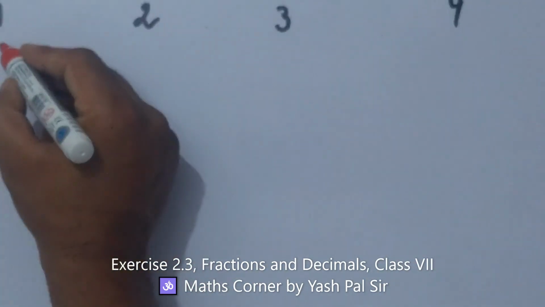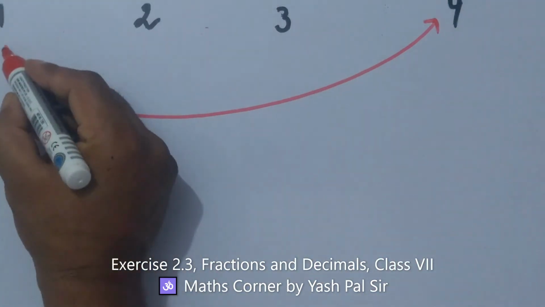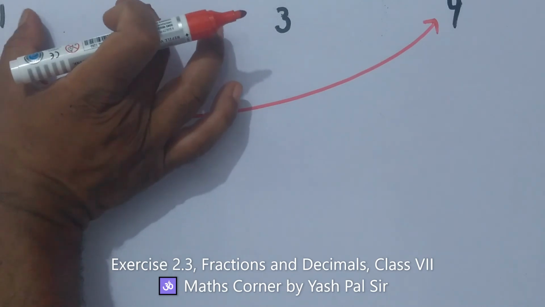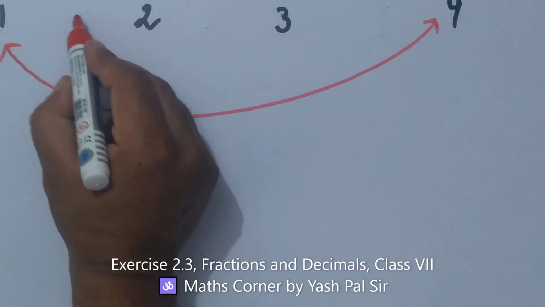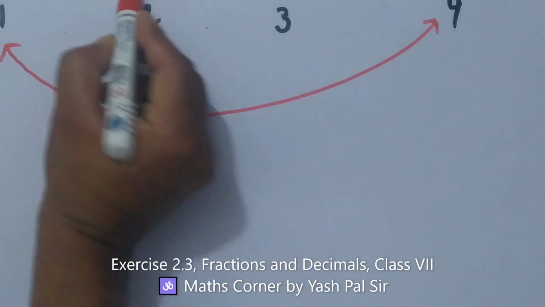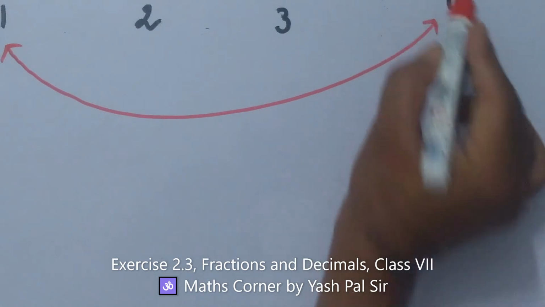So what is the question? What is the distance between the first and fourth sapling? So how many parts are there? This is 1, this is 2, and this is the third.